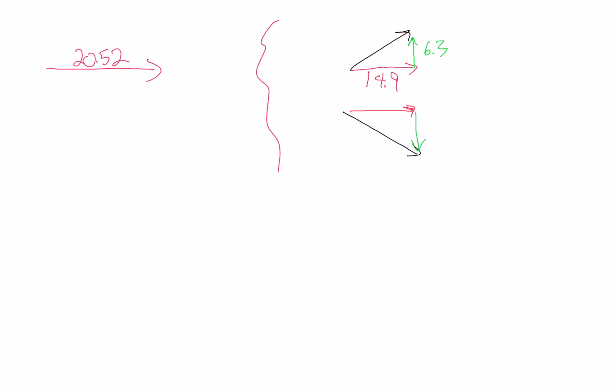So using conservation of momentum now, let's do our horizontal first. We got 20.52 as our initial. That has to equal our final. So we got 14.9 in the final direction, plus the one that we're looking for. We just have to solve for x. So 20.52 minus 14.9 gives us an answer of 5.62.